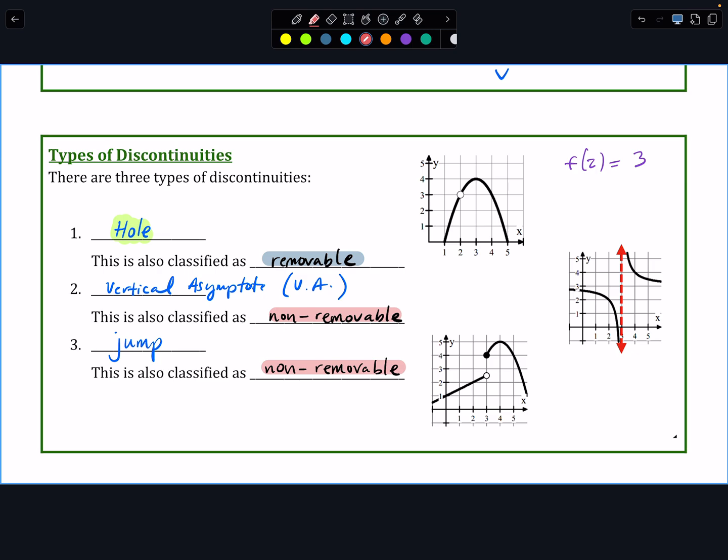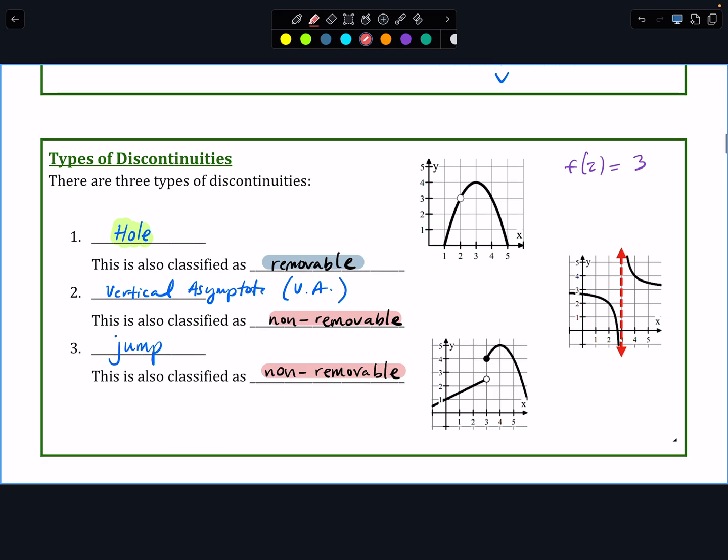Okay, so you guys have an example. First example we're going to do is you guys have a graph that looks like it has holes and asymptotes and things happening.